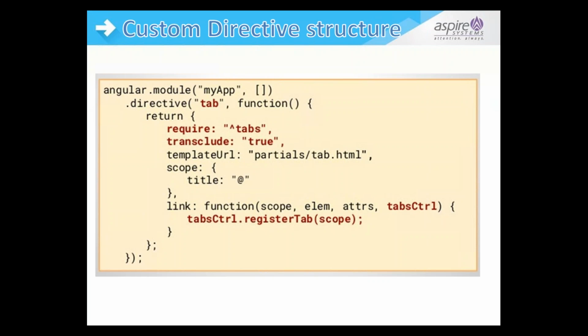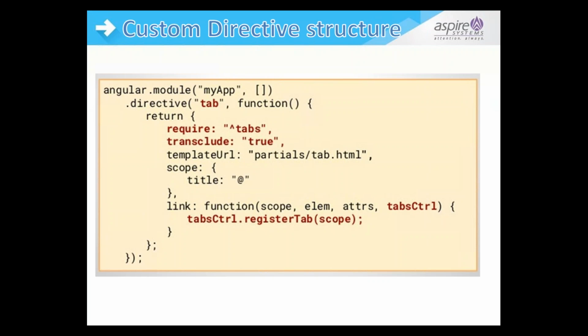What is its variable name? Title. So I will say title equal to ABC. The first thing should be the directive name. The next thing should be the scope name. So if I say title equal to ABC, whenever the tab is created, the content displayed inside this is ABC. Understood why scope is used?